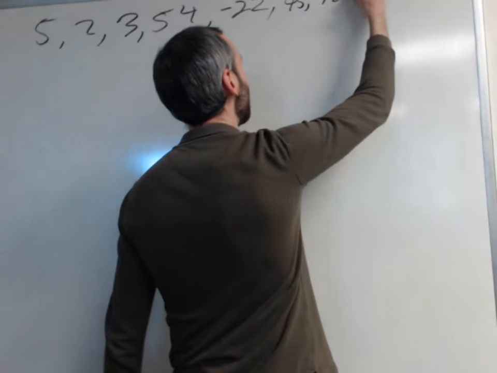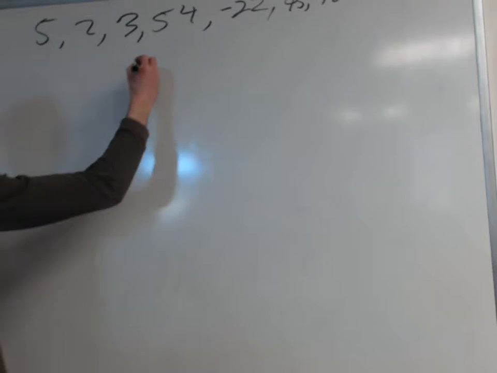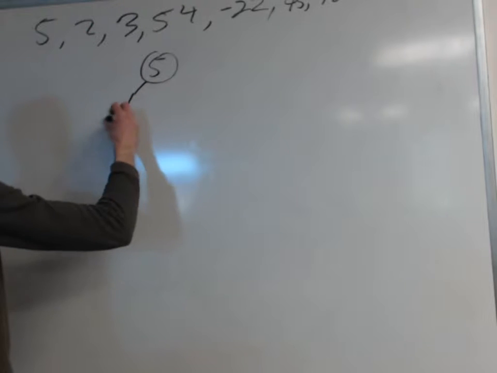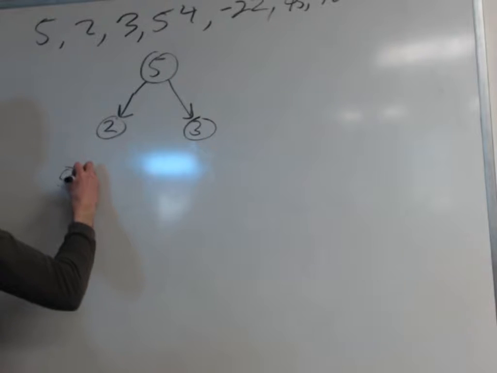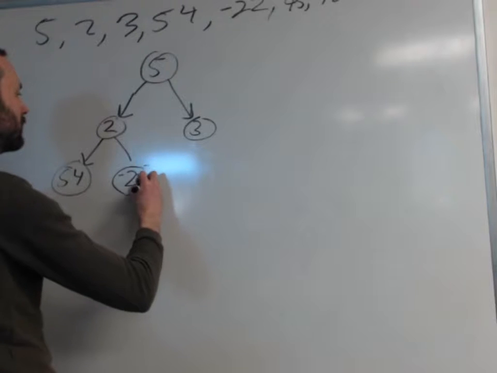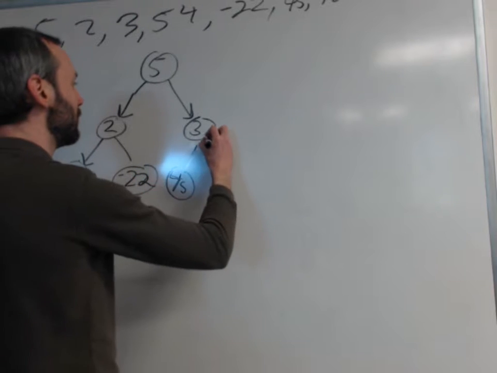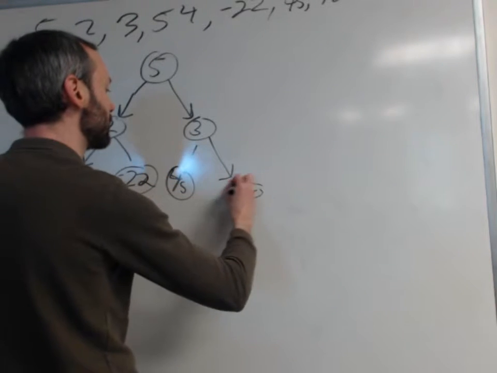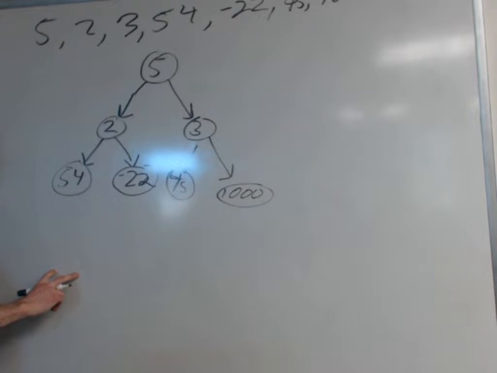If we wanted to put this into a binary tree, just a binary tree with no other stipulations, one way to do this is we could go 5, 2, put 3 over here, 54 right over here, -22 over here, and then 45, and then over here, 1,000. Naturally, these two guys have links coming out. They're going to null.